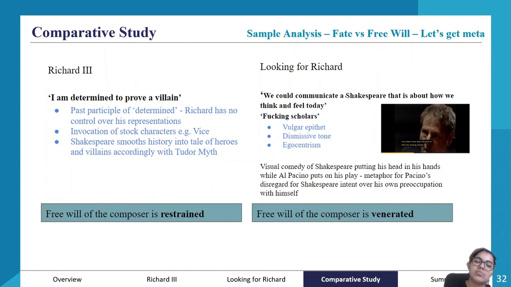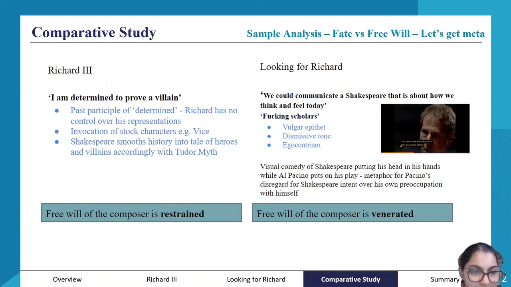And that's where Pacino disregards Shakespeare's intent, all these things that were culturally relevant to Shakespeare. He disregards that, makes it about his audience, his culture, and his own preoccupation with his role as an actor and a composer. So here, the free will of the composer is venerated. And you can see that quote there.